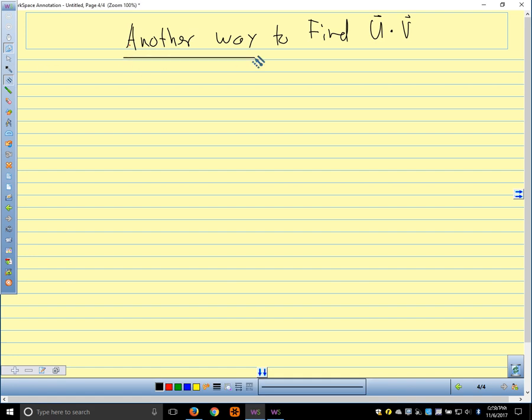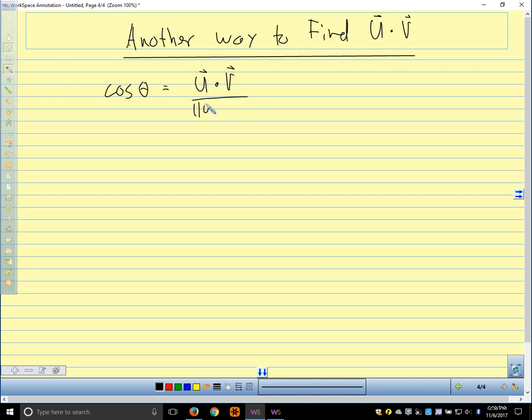From the law of cosines, we know that the cosine of the angle between two vectors is u dot v over the magnitude of u times the magnitude of v.